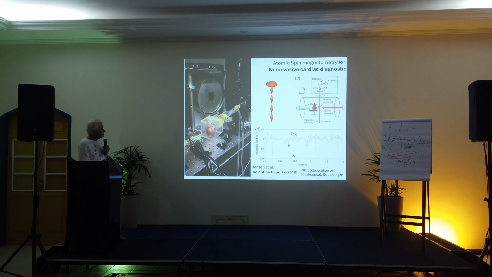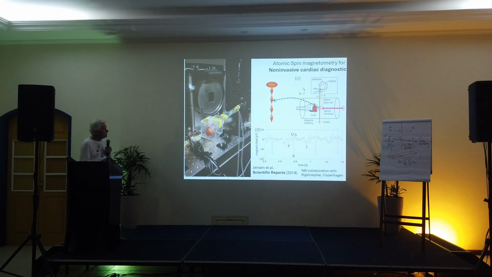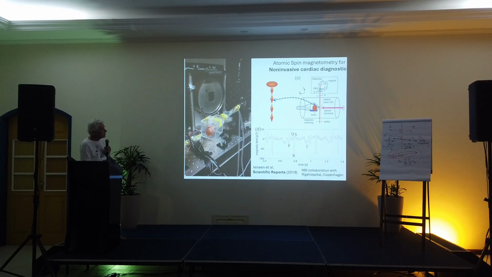So we've done experiments with a hamster heart, for example, and yes, we can measure the hamster heartbeat. We haven't used entanglement in this particular measurement yet, but we will certainly do that. So the work is relatively straightforward again.